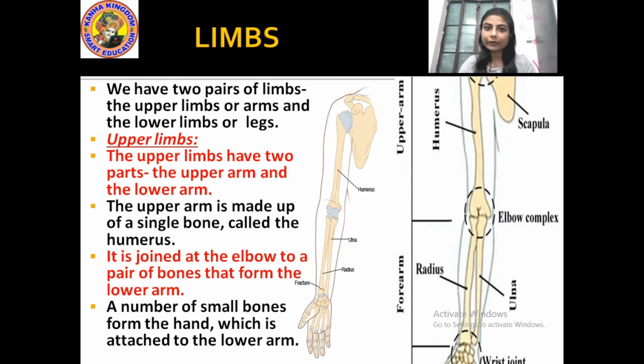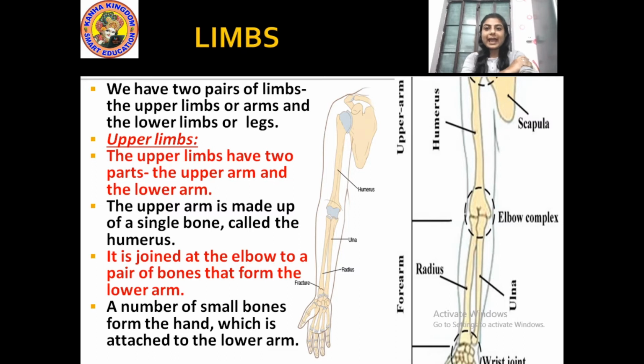There are two parts of the upper limb, the upper arm and the lower arm. The upper arm starts from the shoulder to the elbow, and from the elbow to the fingertip, it is called the lower arm. The upper arm is made up of a single bone.